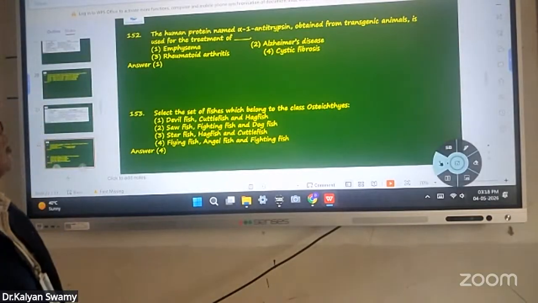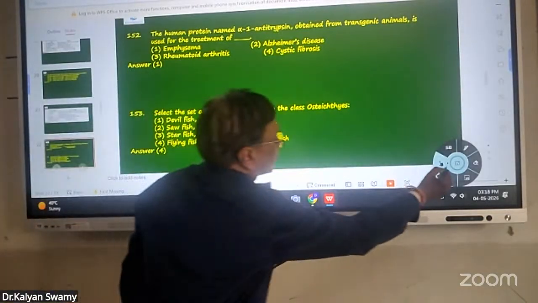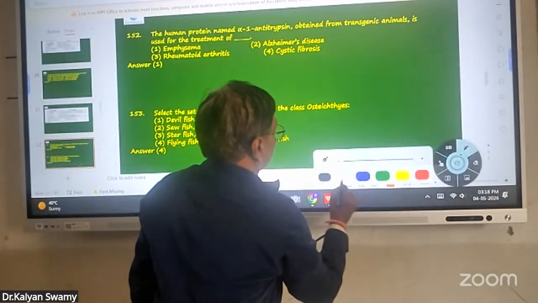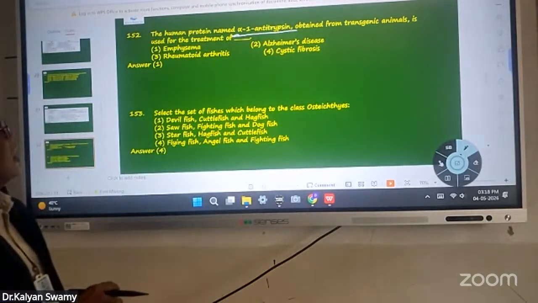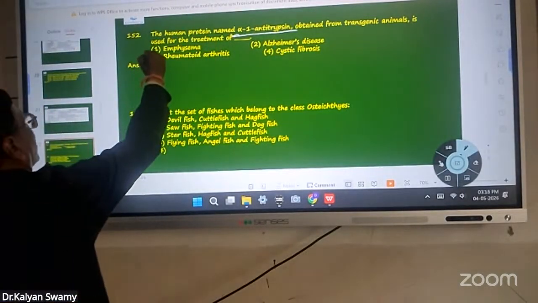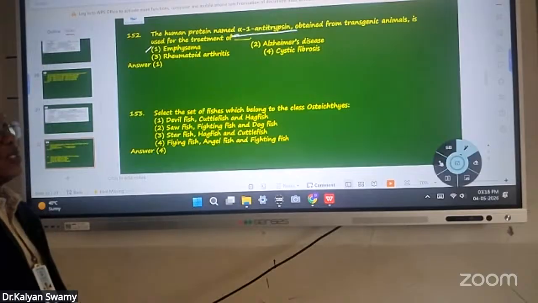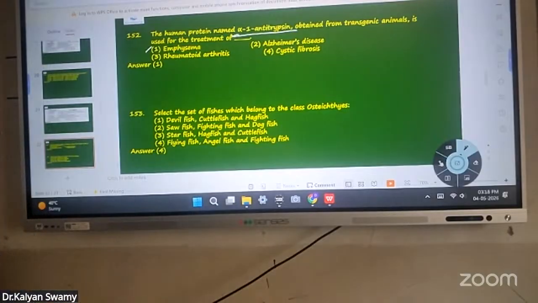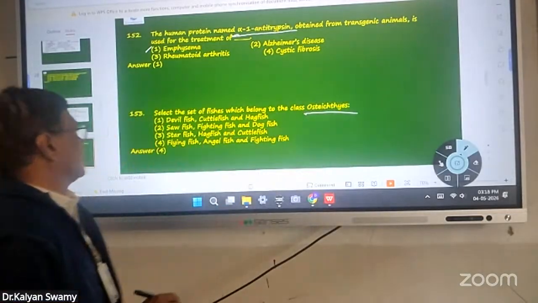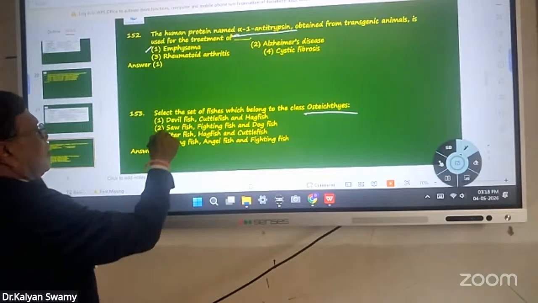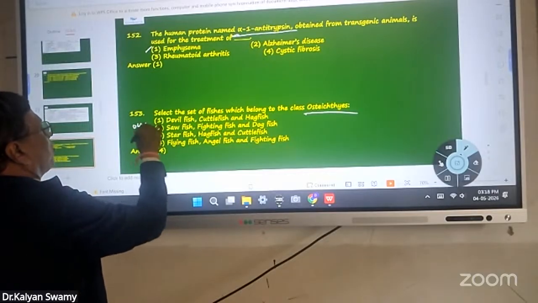Next question, alpha-1 antitrypsin. Anybody can do this. It is used for the protein from non-living animals. That is used for the treatment of emphysema, a respiratory disorder. Next question, ostrich, fish, this one bony fishes. Here, devilfish, octopus belong to Mollusca.